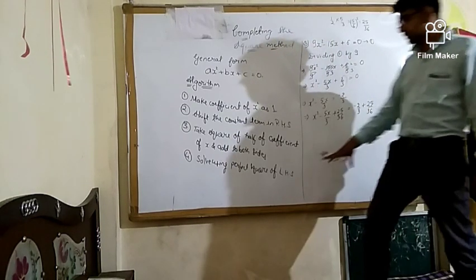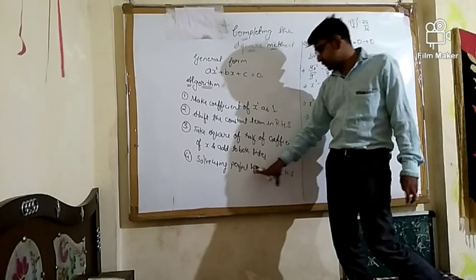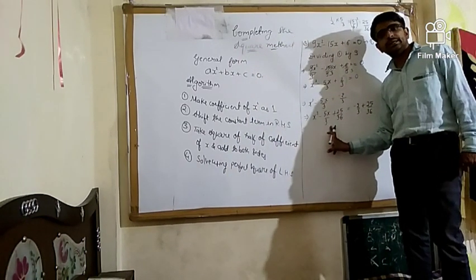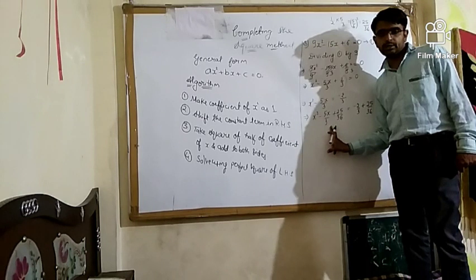Now the last step, solve using the perfect square of LHS. So I have to convert this LHS into a perfect square now.